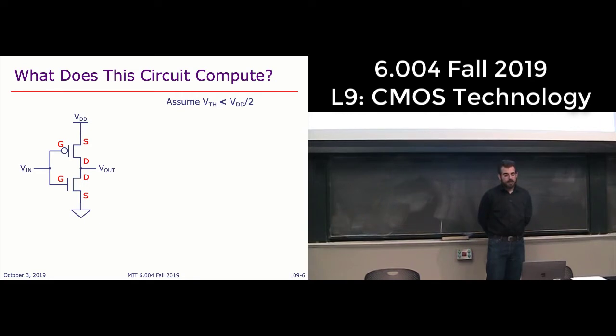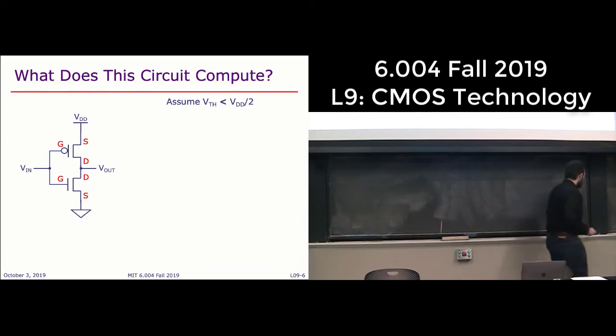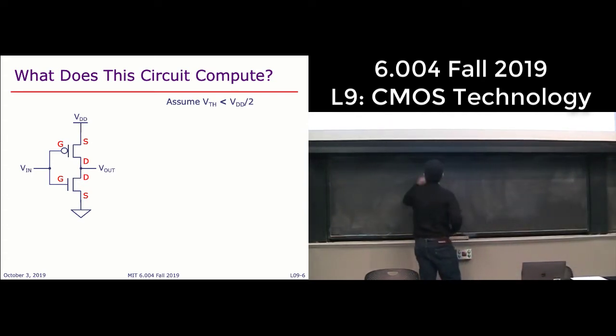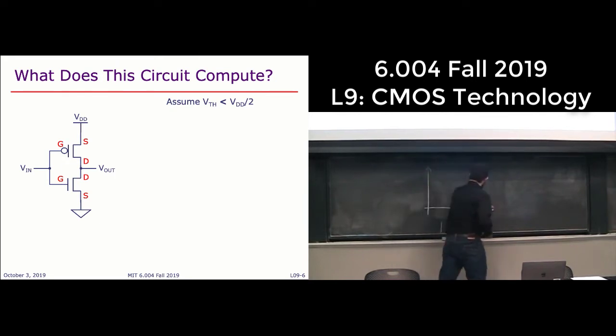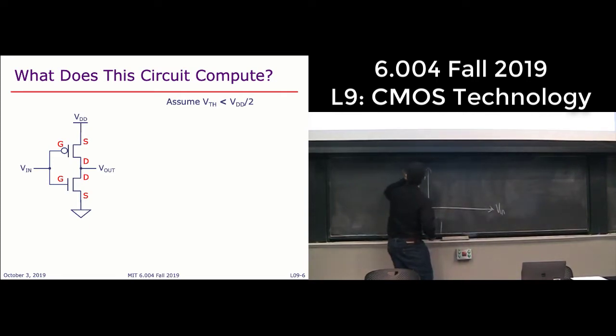Now, let's assume that this threshold voltage is smaller than VDD over 2. And so what I want to do is we can go and draw the VTC, the voltage transfer characteristic. So remember, for the VTC, you put V in on the x-axis, and then you have V out.